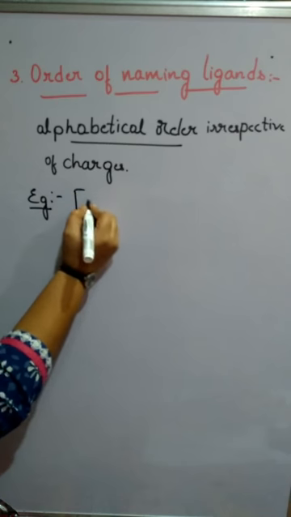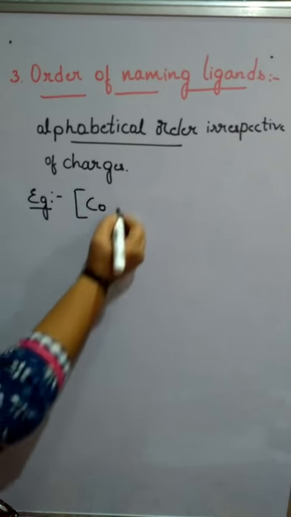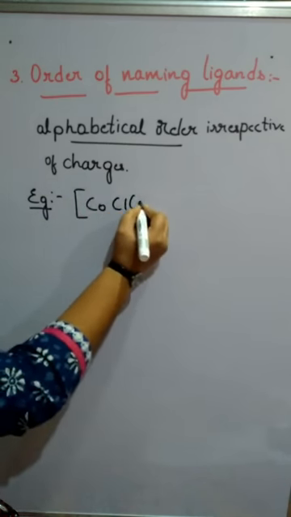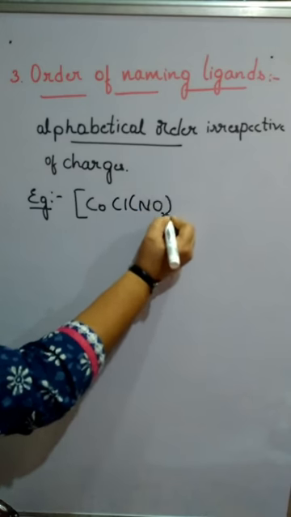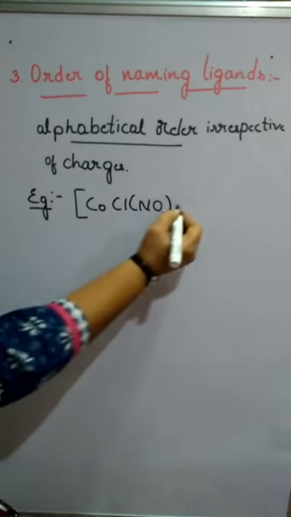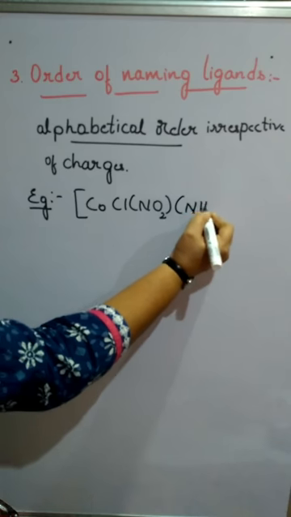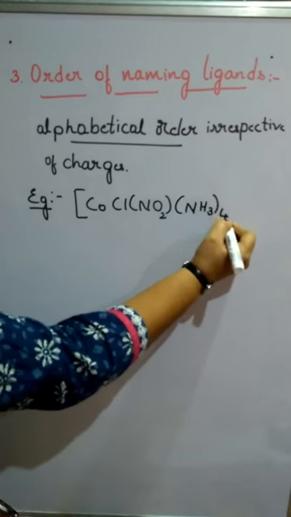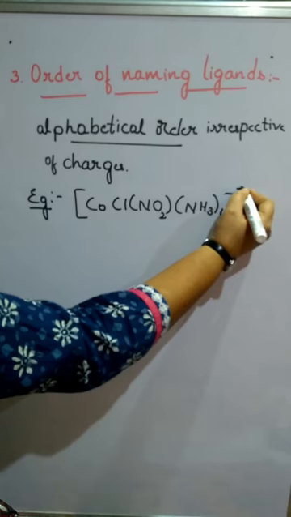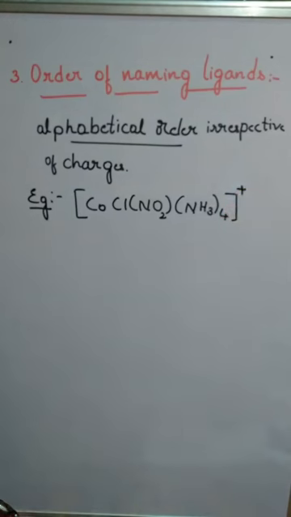We have a complex, a cobalt complex, with NO2, NH3 four, and it is a plus.